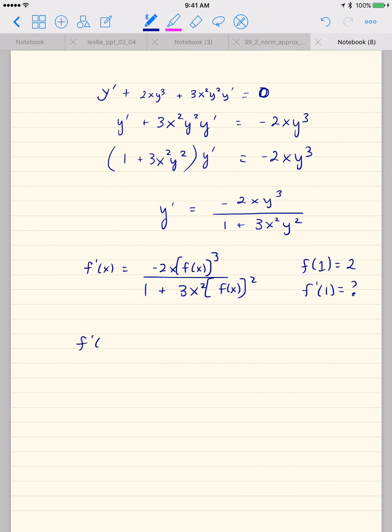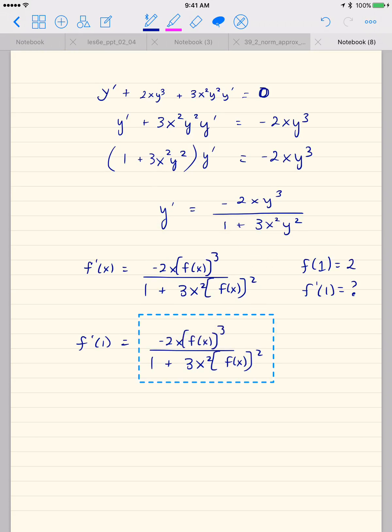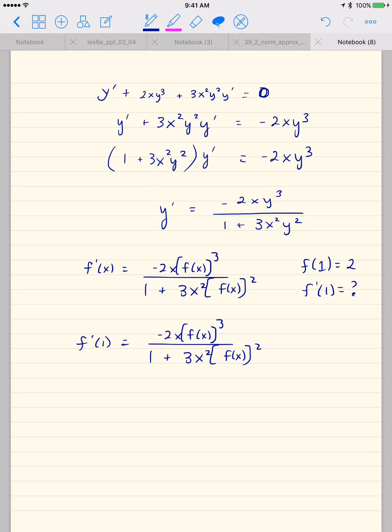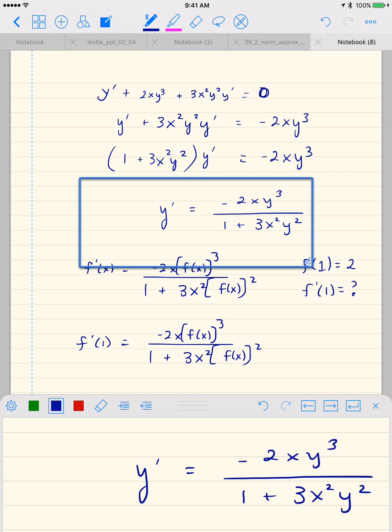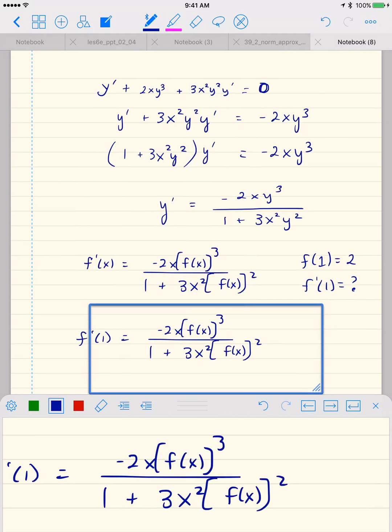F prime of 1 equals, copy, paste. Okay, so now everywhere that I see an x, I'm going to replace it with a 1. So that's a 1. This x, I'm going to replace it with a 1. This x squared, I'm going to replace it with a 1.